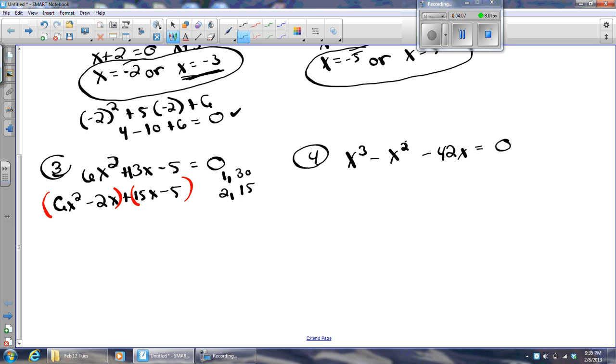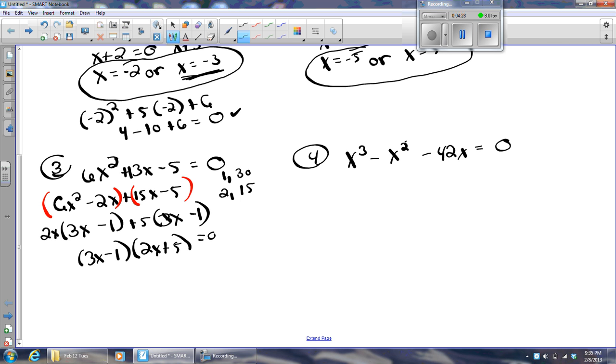And when I do that, I can pull out a GCF of 2x, and I'll get 3x minus 1. Here I'll pull out a GCF of 5, and I'll get 3x minus 1. And then I'll pull out the 3x minus 1, and get 2x plus 5. That'll equal 0. I take the first factor, 3x minus 1, set it equal to 0, and solve for x.